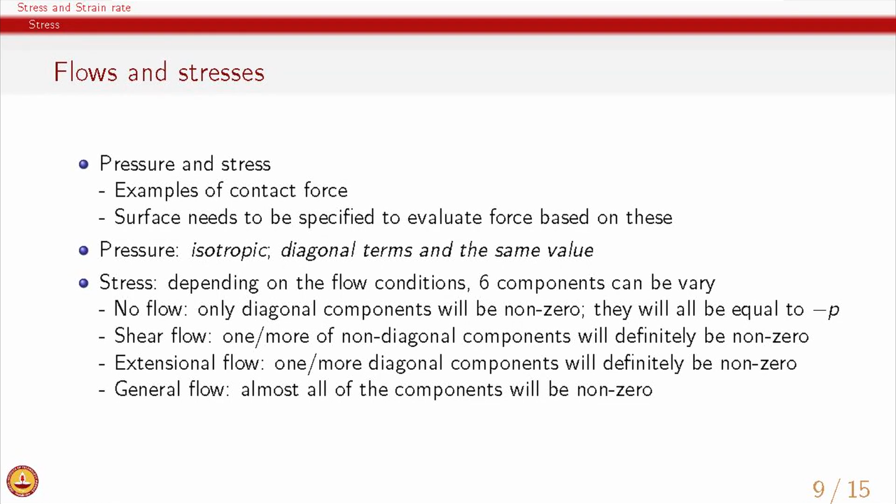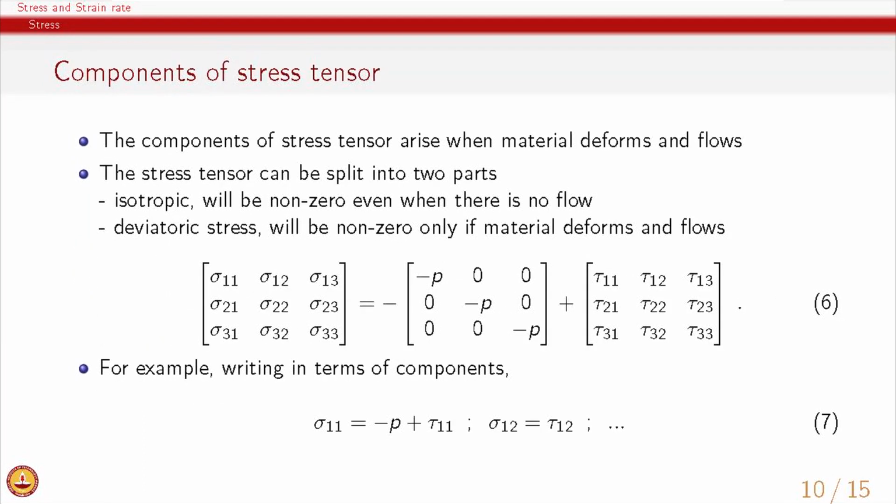So, sometimes we will say that the general flow is a combination of shear and extensional flow, because in lab situations to understand rheology, we first subject the material to maybe extensional flow and then subject it to shear flow and then try to arrive at an understanding. Then we say that general flow is a combination of those. Can we combine this understanding and then try to explain the behavior in the most general case? So, with this we come to a close in terms of the overall stress tensor.